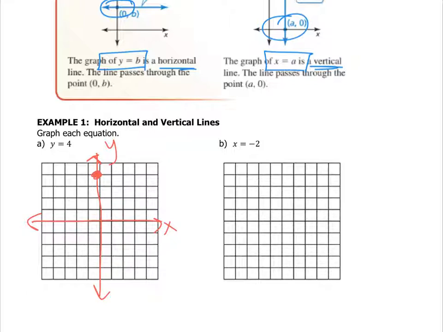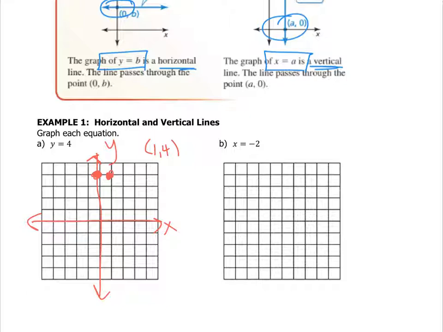Now, all of the dots on this line have a y value of 4. So give me a point that has a y value of 4. Any coordinate point on here, but it has to have a y value of 4. One dot that I came up with is the spot 1, 4. And so that's right here. I'm going to put a dot. Okay?